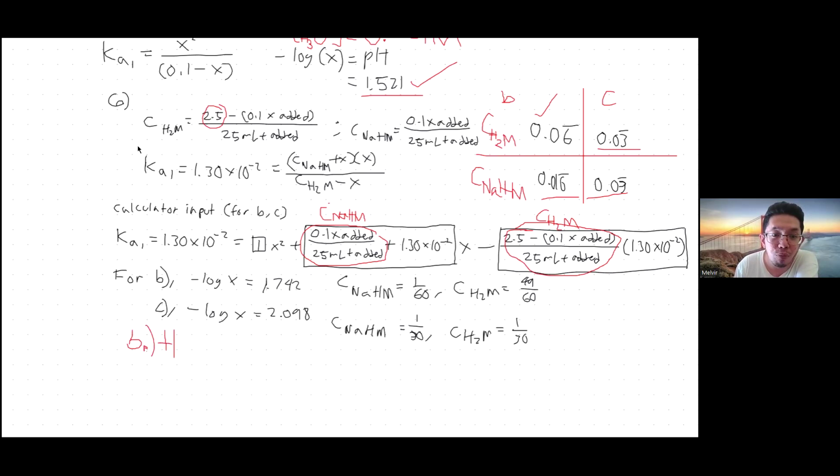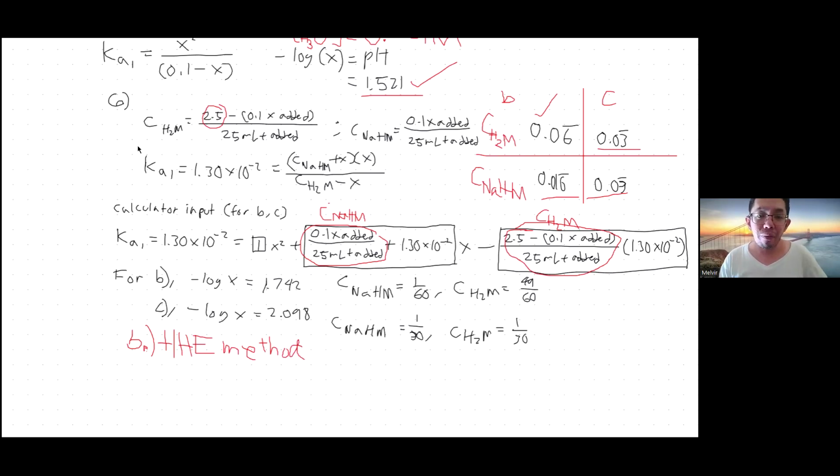Kasi imaginein mo, di ba? Kapag mag-quadratic, ang dami mo pang dadaanan. Pero once you get the concentrations of your malic acid and sodium maleate, you can actually use another method. Let's say the Henderson-Hasselbalch equation method.